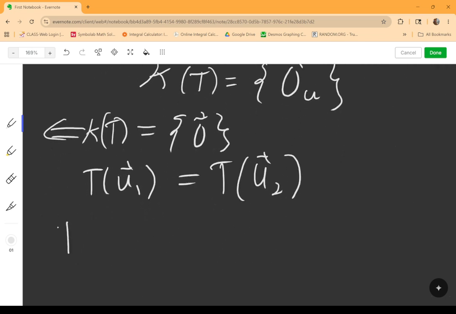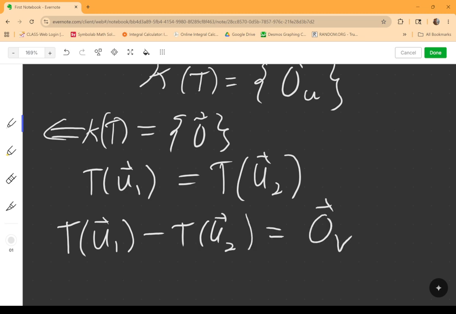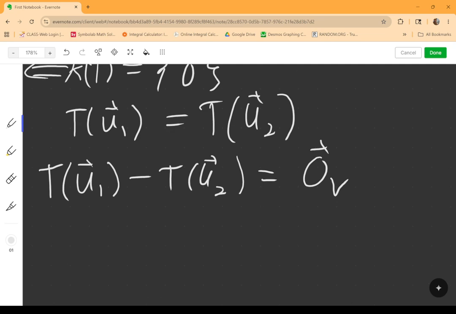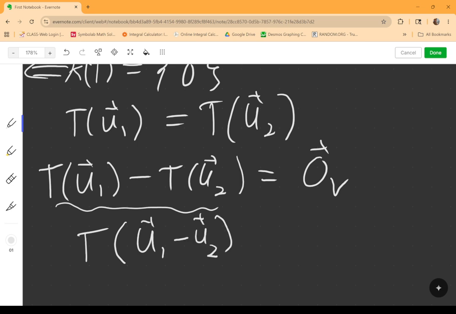By subtracting T of u2, we get the 0 vector, again in V. And by linearity, because we are dealing with linear transformations, this must be true.